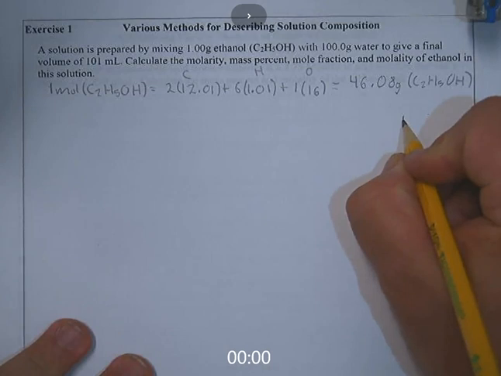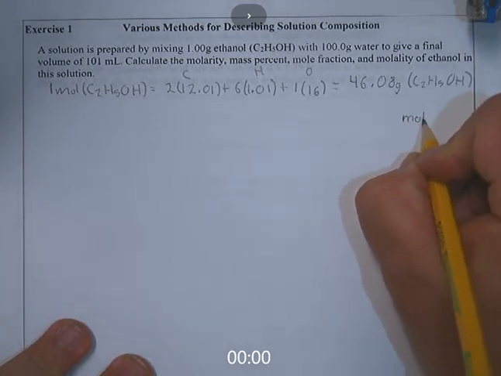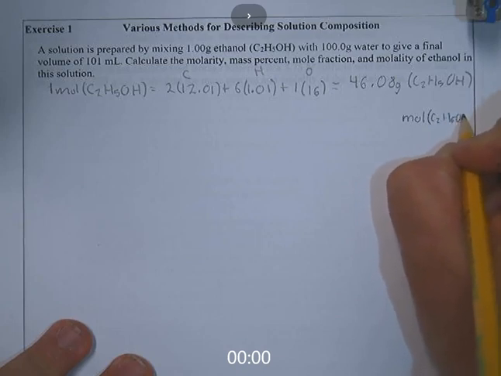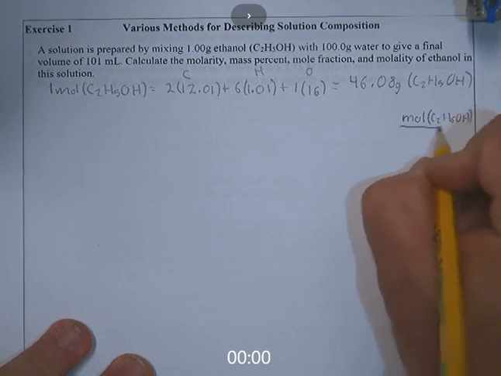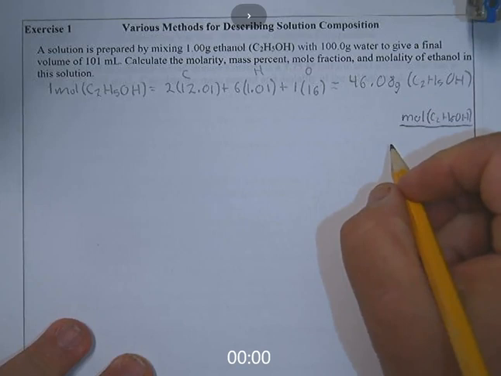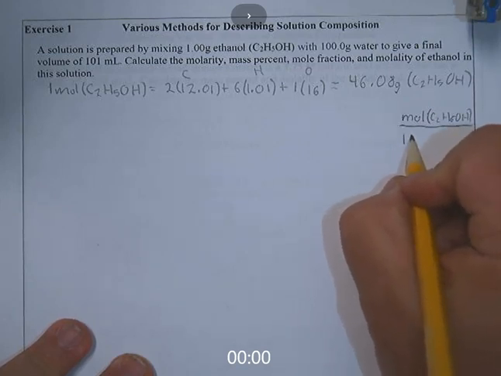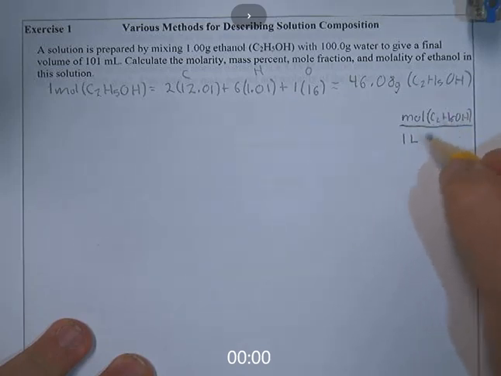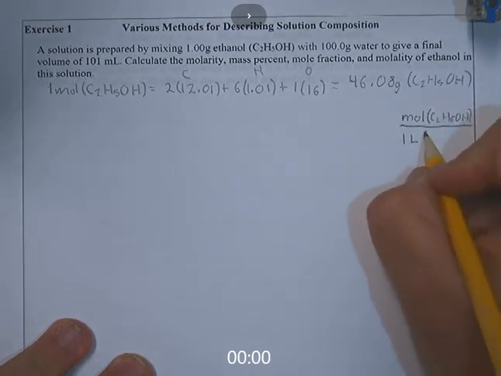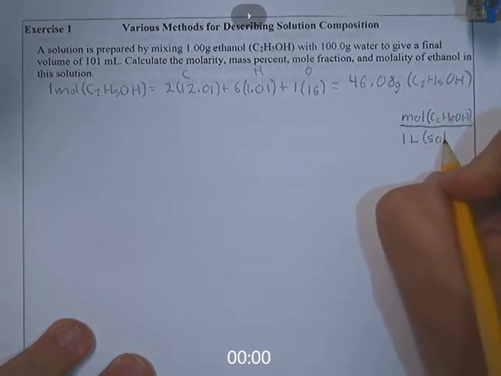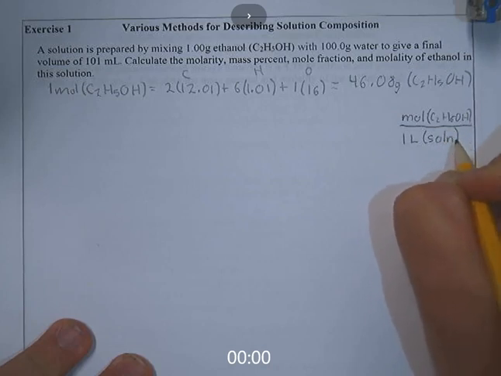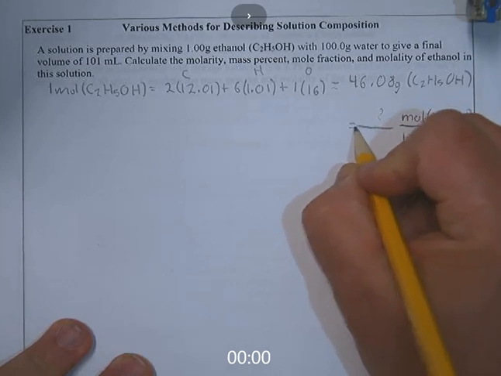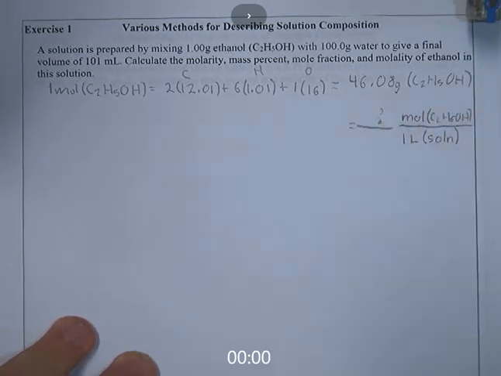So way over here on the right, we want to know how many moles of C2H5OH there are in 1 liter of the solution. Now, I could write for solution C2H5OH plus H2O, but let's just call it solution. And of course, the abbreviation for that is soln. So that's what we're trying to find. We're trying to find some number that's going to fill in that blank right there, that question mark.